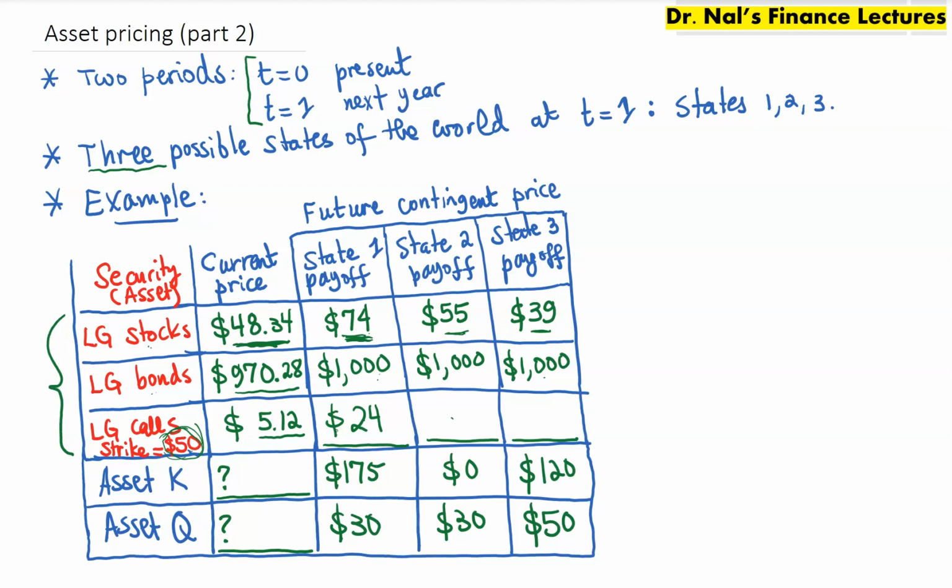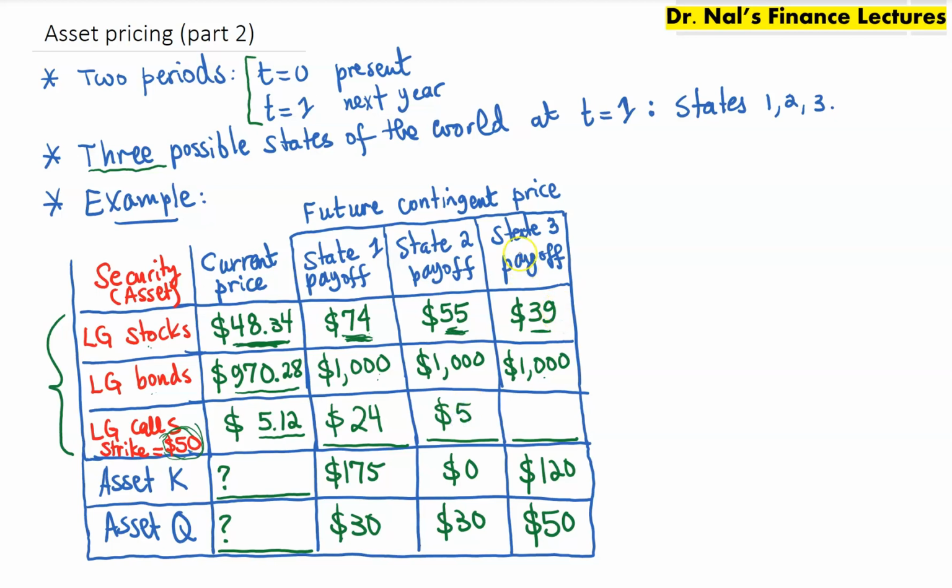Does that make sense? So if state 2 were to happen a year later, the stock price would be 55. Again, you would use the same strategy, buy it at 50 and then sell it at 55. You make a $5 profit right away.